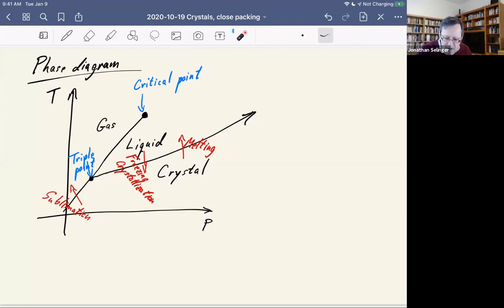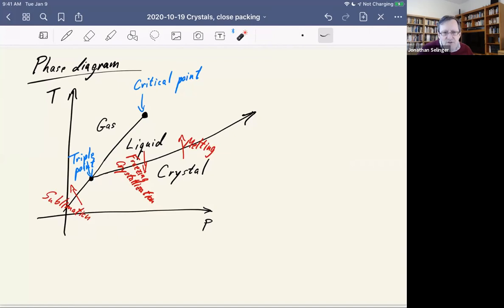You can go from a low density to a high density gradually, going around that way, or abruptly when you cross a phase boundary. But it's a quantitative difference, not a qualitative difference. Whereas this difference is a qualitative, symmetry-based difference, so there can't be a critical point for that. It has to always be a phase transition.